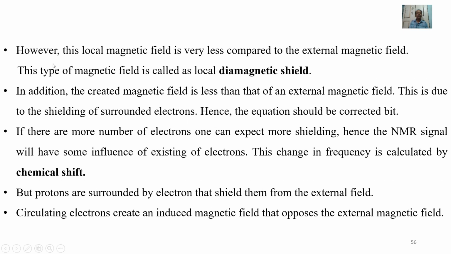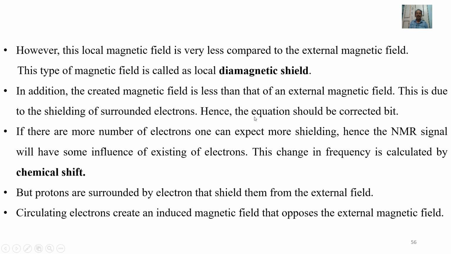However, this local magnetic field is very small compared to the external magnetic field. This is called local diamagnetic shielding. In addition, the created magnetic field is less than that of the external magnetic field. This is due to the shielding by the surrounding electrons.